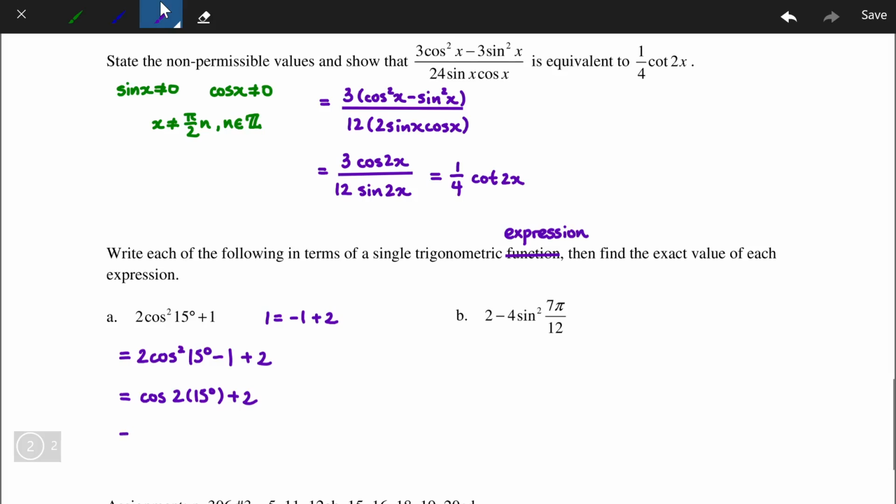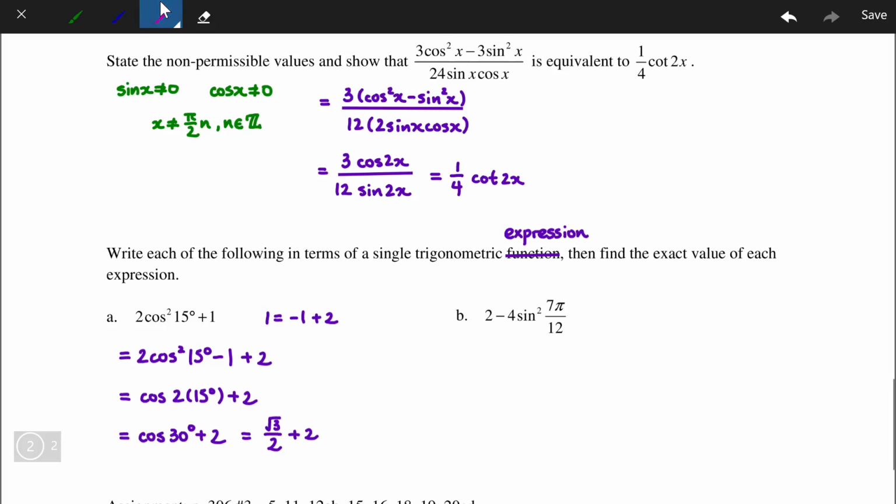And the idea here is that, well, 2 times 15 is just 30, so this is cosine 30 degrees plus 2. And we know that cosine 30 degrees is root 3 over 2, so the whole expression simplifies to just root 3 over 2 plus 2. And again, this question becomes a lot easier if we are able to use the fact that 1 is equal to -1 plus 2. Kind of a trick to doing that question.